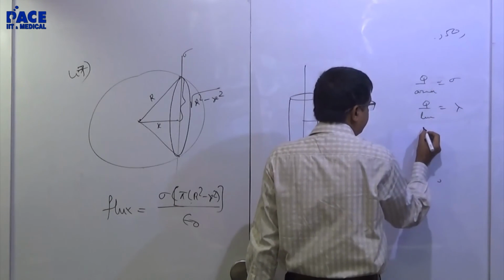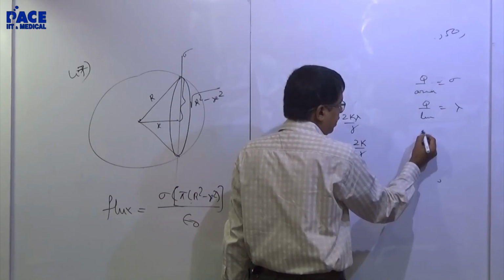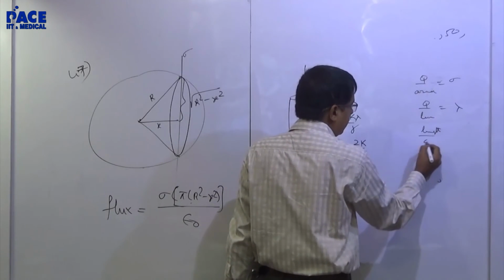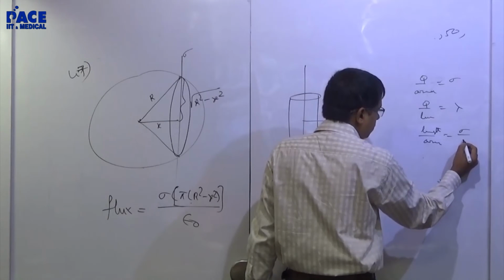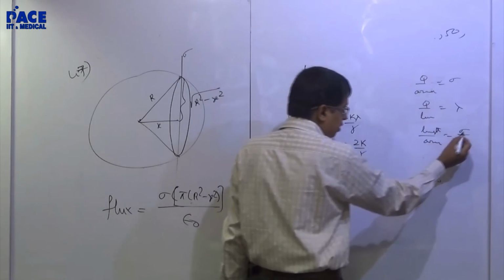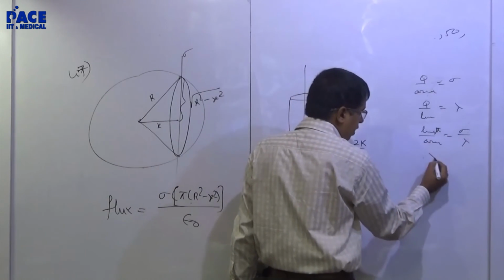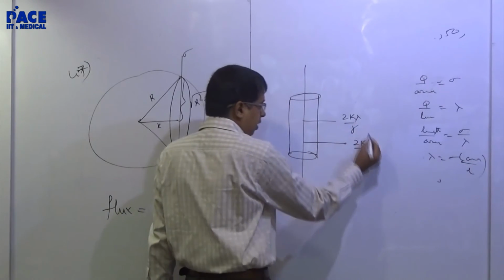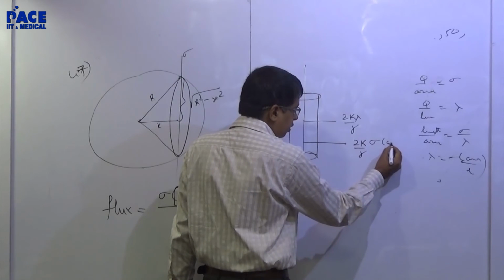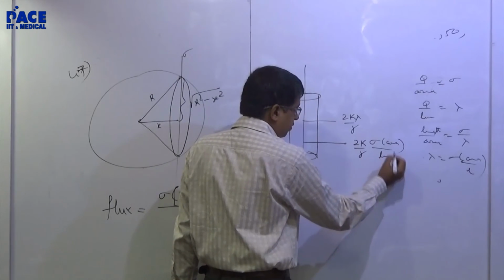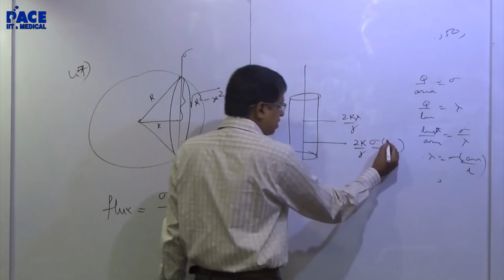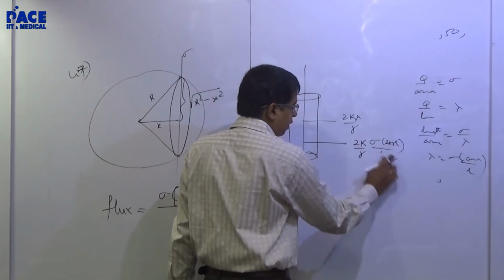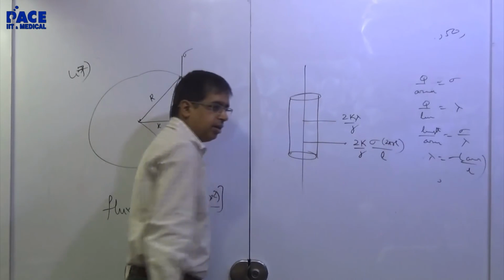Divide both, I will get length by area to be σ by λ. Now λ will be σ into area divided by length. Area will be curved surface area, 2πRL, divided by length L.